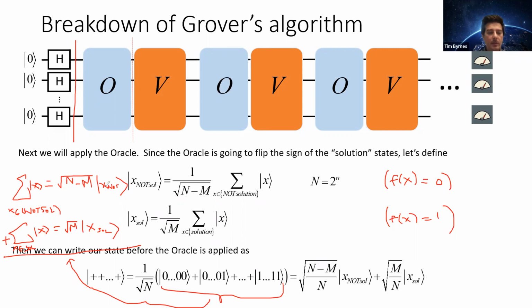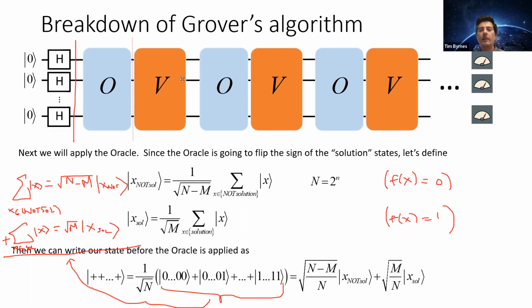Then if we substitute this into here, and this into here, we get the equivalent way to write the initial plus state. Remember, this is the state just before the oracle. If we write it in this form, it makes our calculations quite easy. So is everybody fine? I'm going to erase this now. Is that fine?